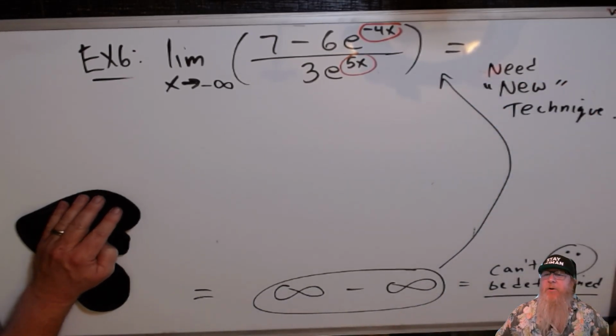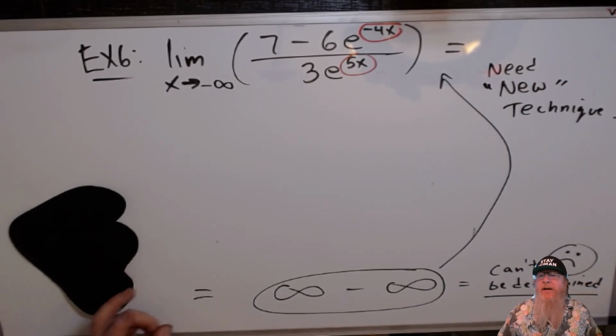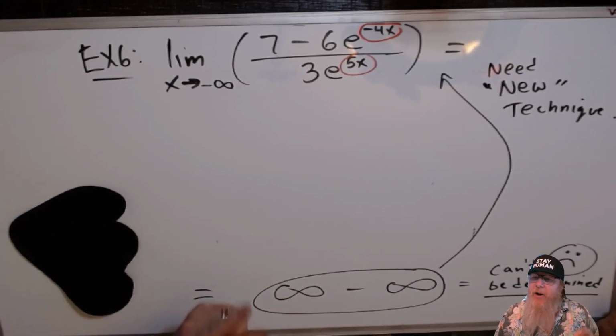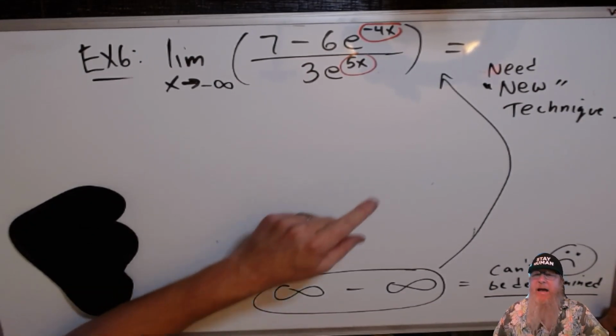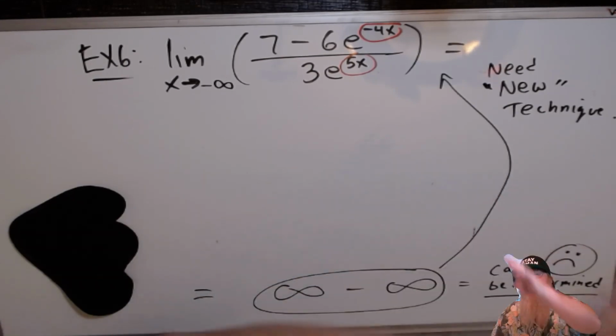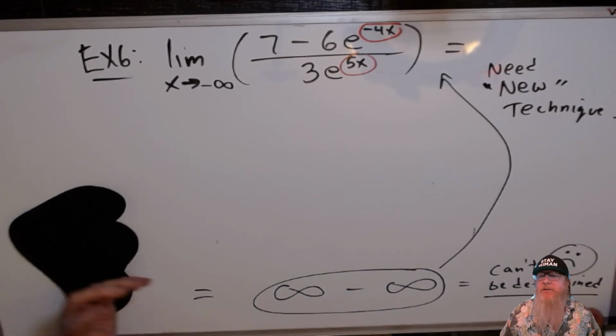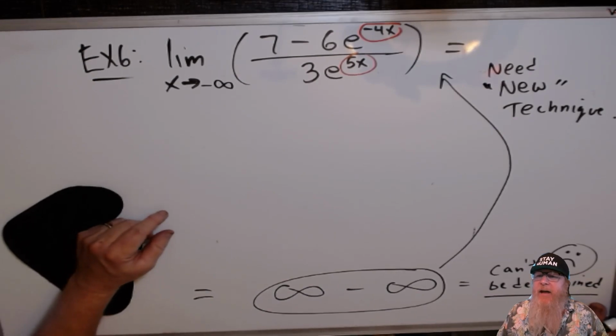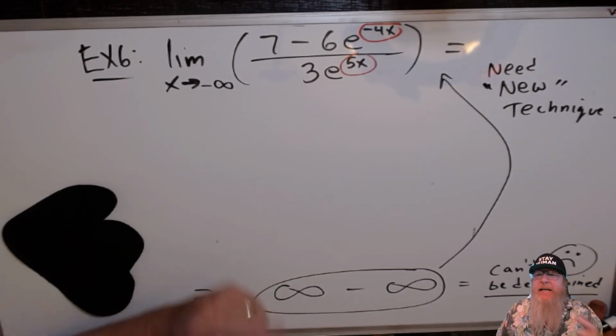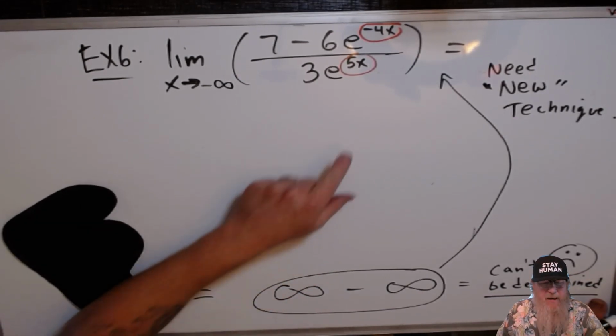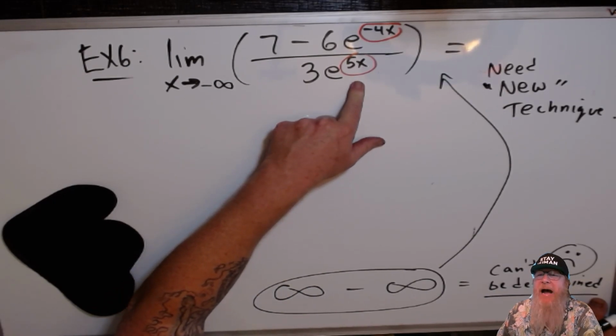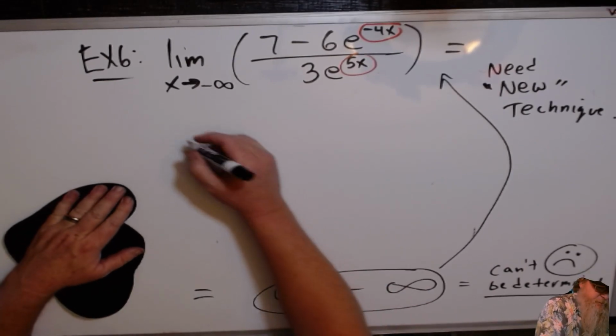I'm just going to put it in air quotes that it's new. We've already done this before with polynomials, right? We had infinity minus infinity plus infinity minus infinity. All of these terms went to infinity. And we're like, well, how do we resolve that, right? And the way we did it was we divided everybody by the largest power. All right? So watch.